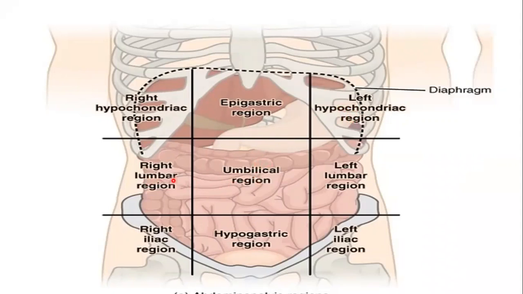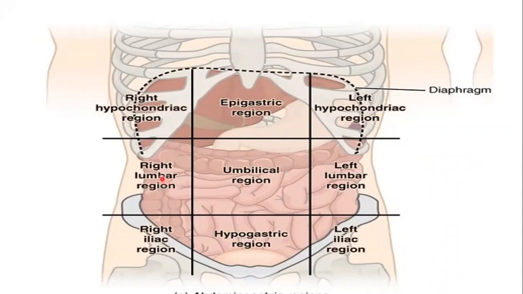Now let's talk about the middle 3 regions of the abdomen. The middle one is called the umbilical region. Of course, over here we have the umbilicus, or the navel, or the belly button. So we named this region the umbilical region. Now on both sides, we have the lumbar regions, right?